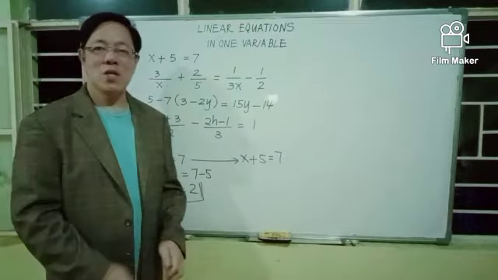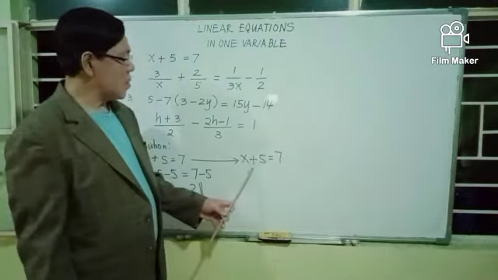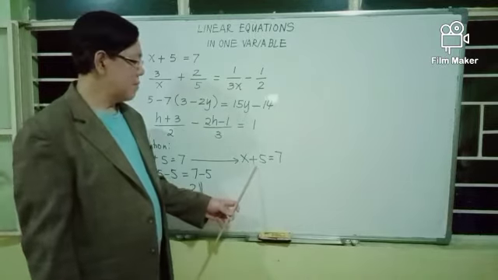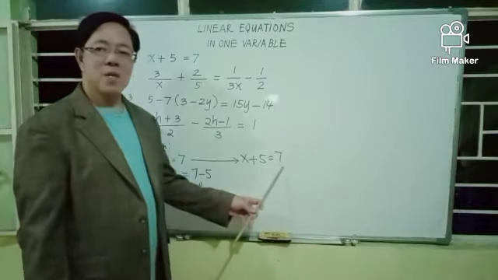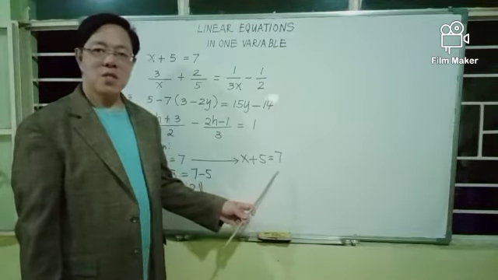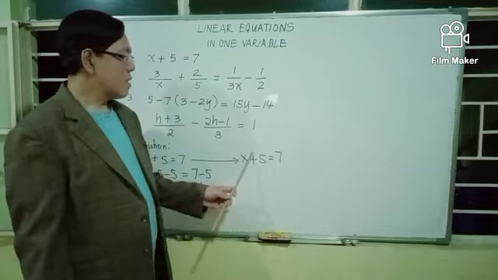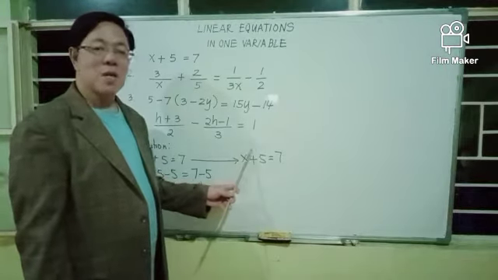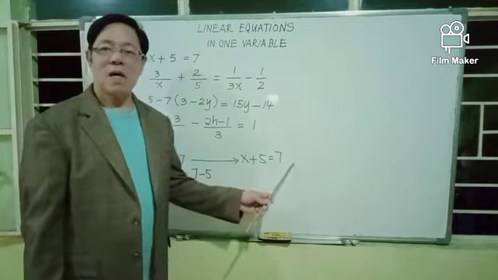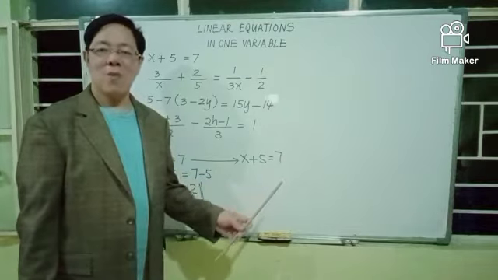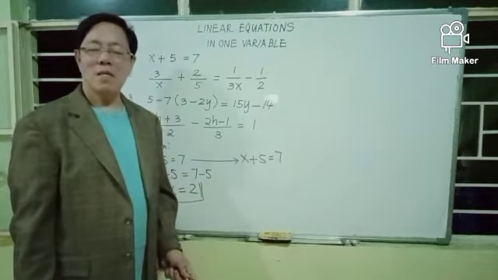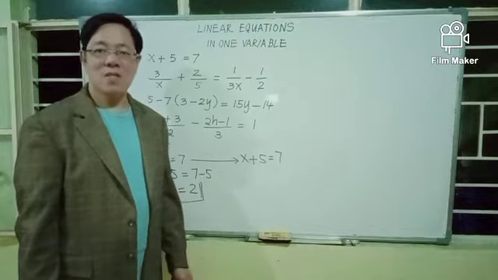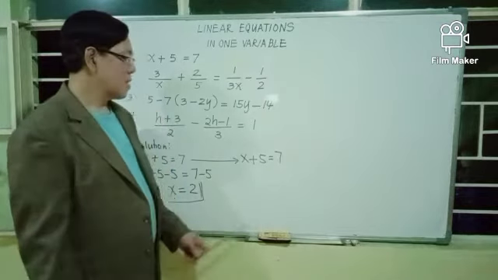In transposition, instead of subtracting 5 from both sides of the equation, they bring the constant term to the other side of the equation, and they take the opposite sign of the constant term. And they call that process transposition.